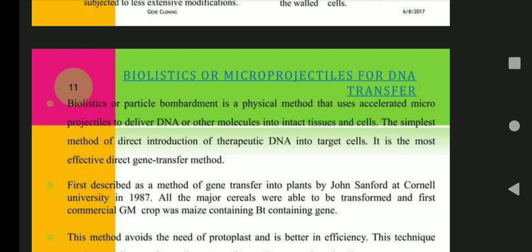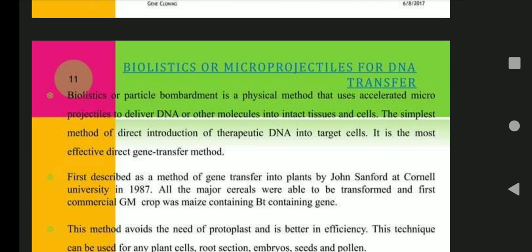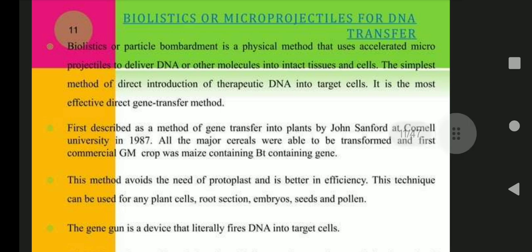It was discovered by John Sanford at Cornell University in 1987 for the production of commercial genetically modified crops, especially maize and Bt cotton.